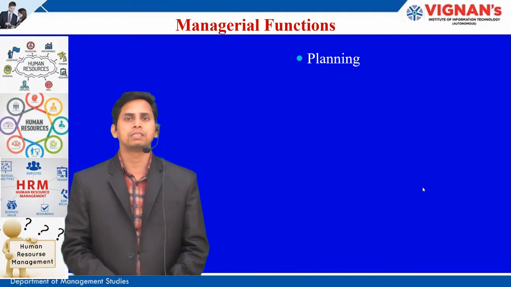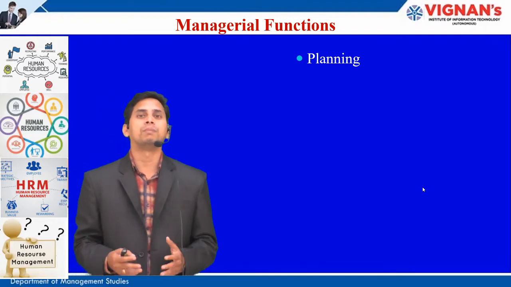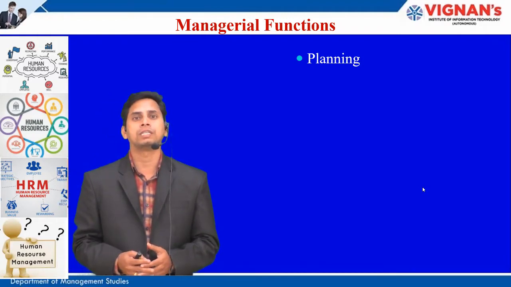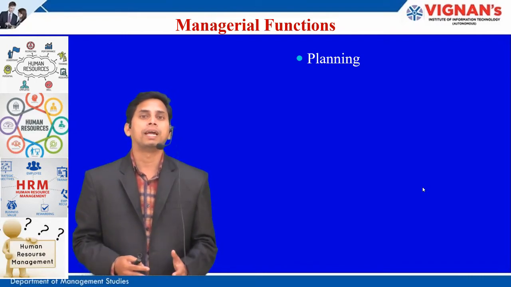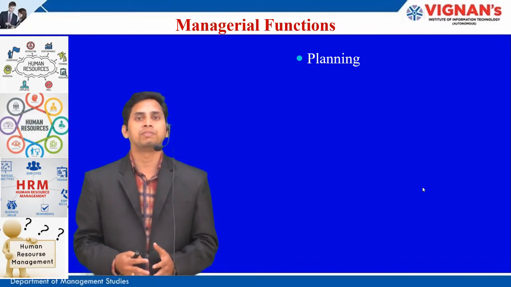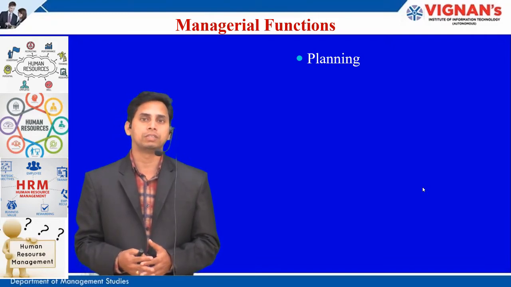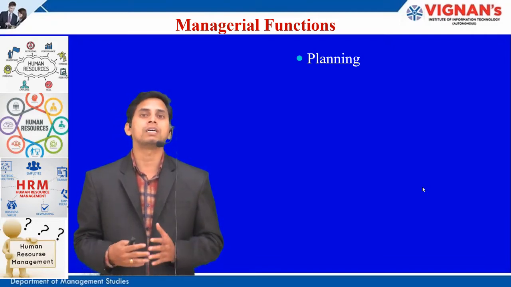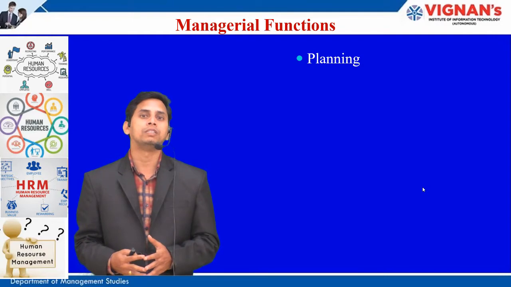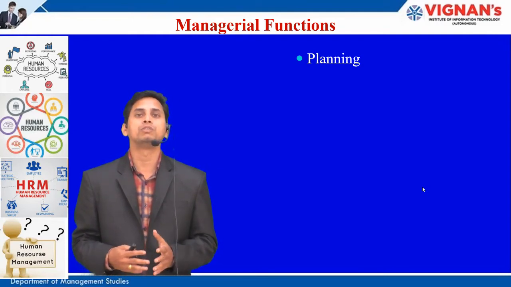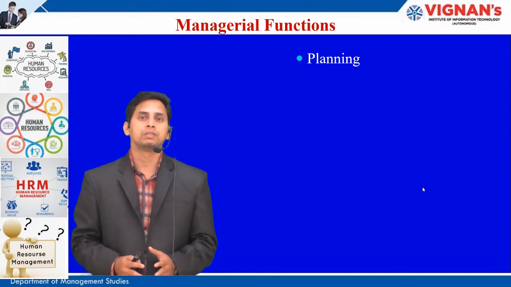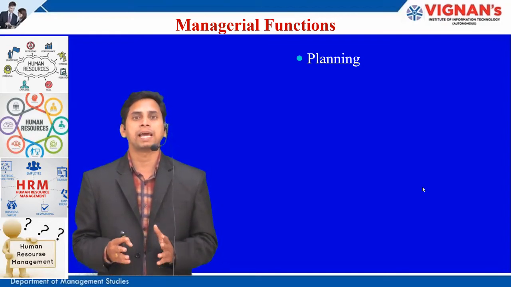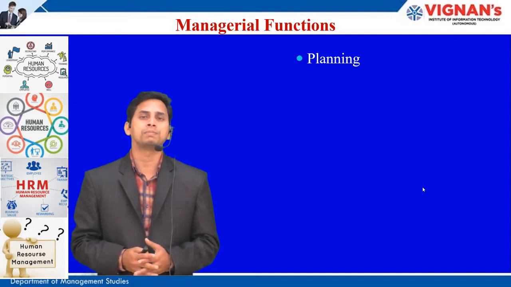Every human resource manager has an idea about how many people are working in the organization, who is working under whom, what tasks are to be performed by each individual in the organization, and how these tasks are going to be linked up in the organizational overall activity. This way, the manager plans the overall people in the organization. That is part and parcel of the planning function of the human resource manager.